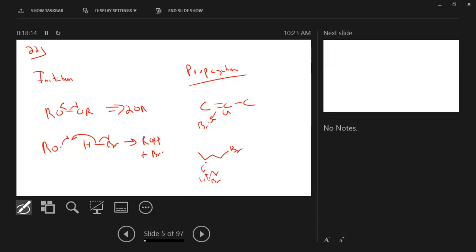Going to form a bromine radical, so we have our propagation step. So I'll let you copy that down. Then we'll move on to termination. Termination is just combining the radicals.